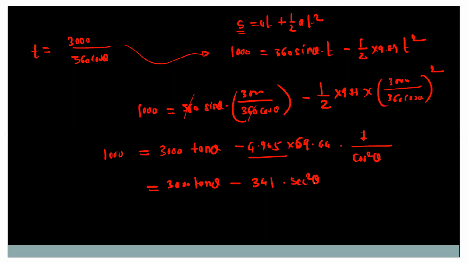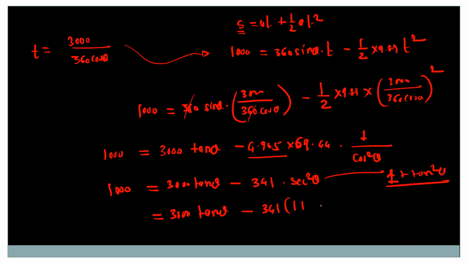Now use the identity sec square theta is equal to 1 plus tan square theta. So put this value here. The complete equation will be a quadratic equation in terms of tan. So this is equal to 3000 tan theta minus 341 into bracket 1 plus tan square theta.